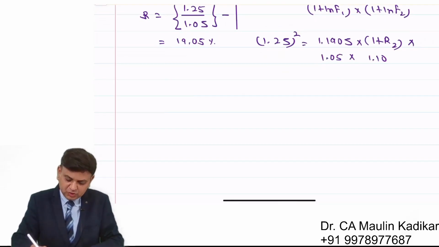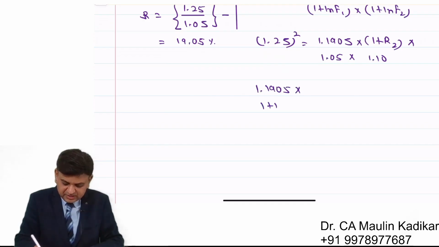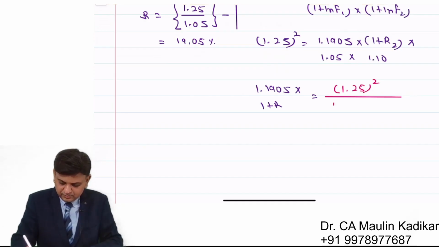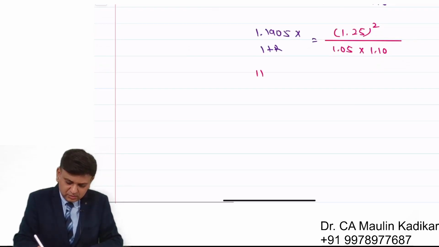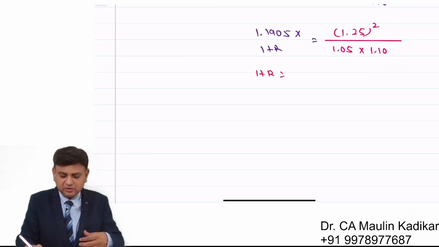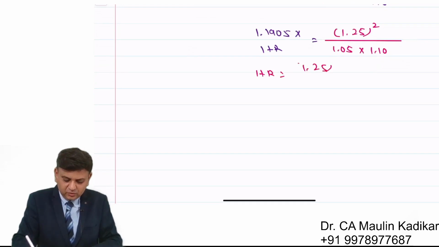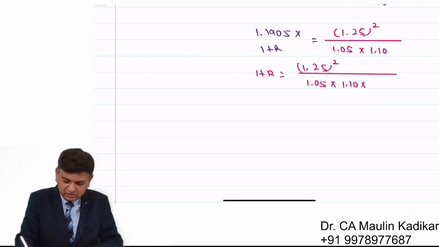So now what will happen, dear students? It is 1.1905 into 1 plus r is equal to 1.25 raised to 2 divided by 1.05 into 1.10. So again 1 plus r is equal to 1.25 raised to 2 divided by 1.05 into 1.10 into 1.1905.